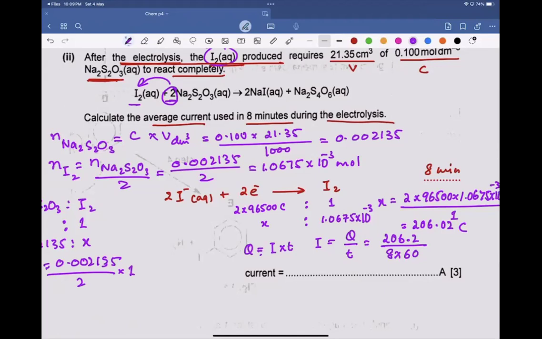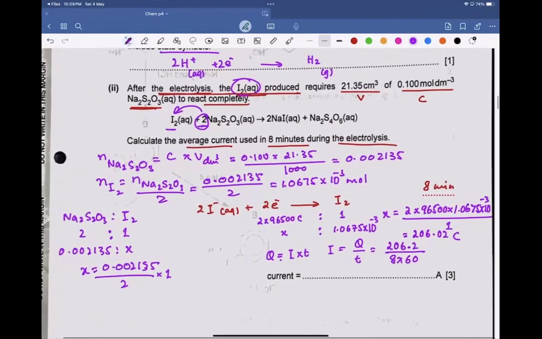So now solve it, we will be able to find the current in amperes. Is this understandable? Can anyone calculate it and tell me the answer, please?